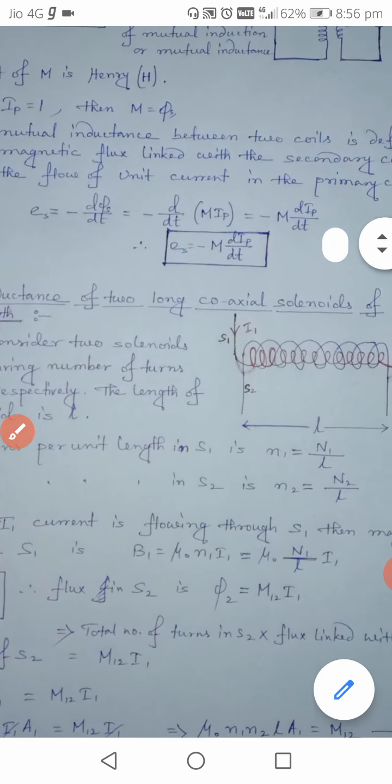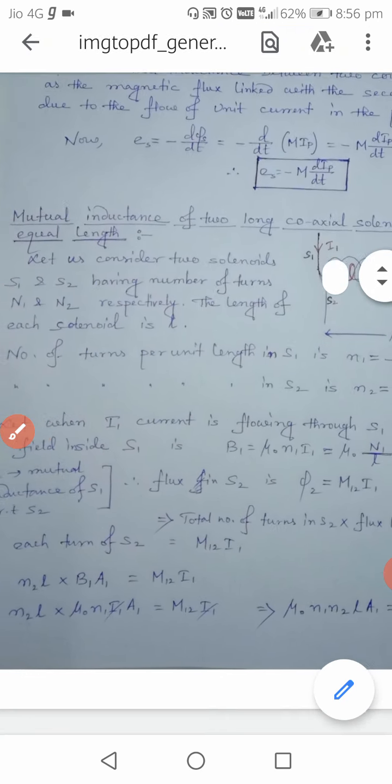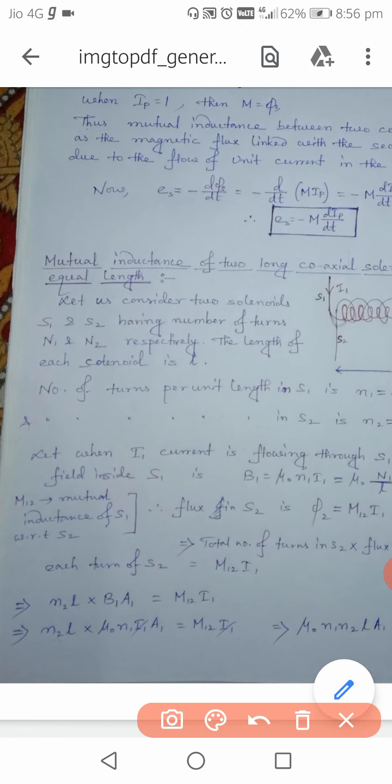A1 means I have taken this one. Here we are finding the flux linked with each turn of S2. But if we are finding the flux linked with S2, why have we taken area A1? I think you have understood B1, because the magnetic field is formed by S1, since current I1 is flowing through S1.